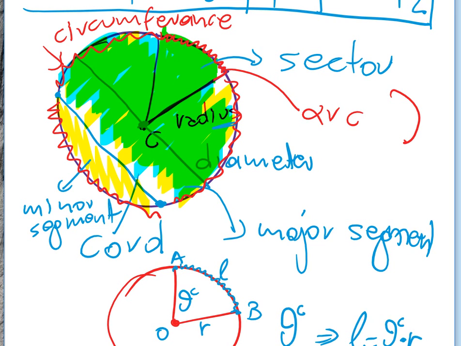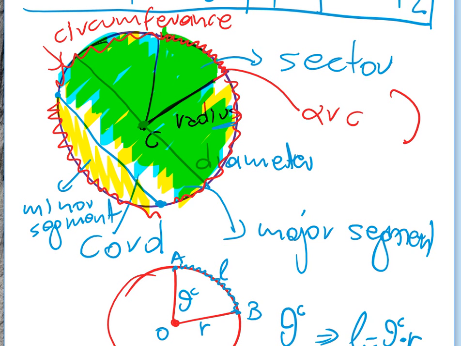So this is radius, not radians. Okay. So the length is theta times r.